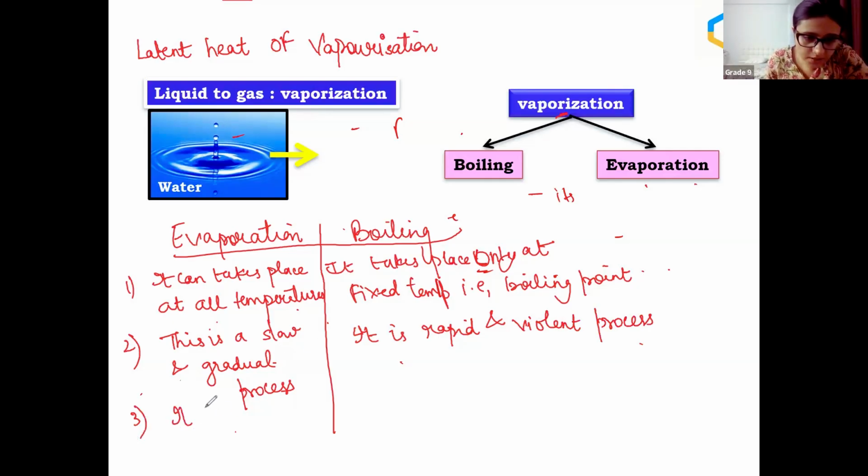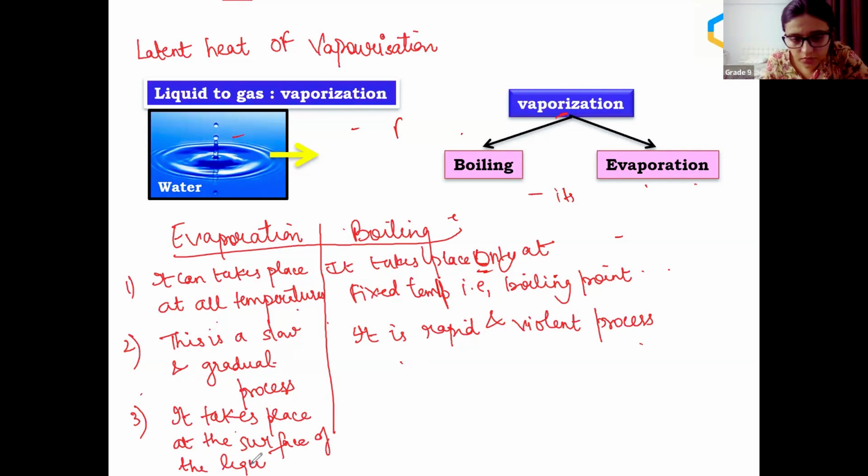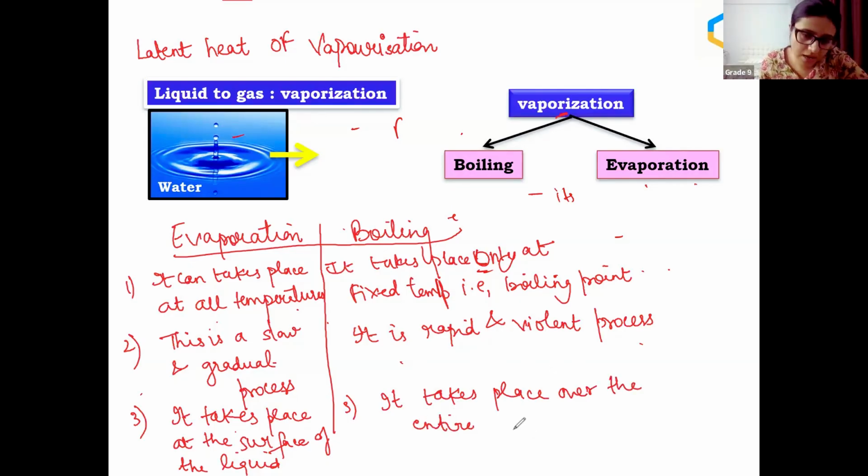Evaporation takes place, like Mehak said, at the surface of the liquid, and number third, boiling takes place over the entire liquid.